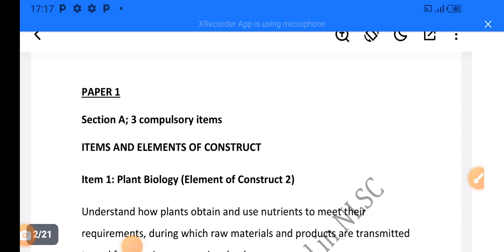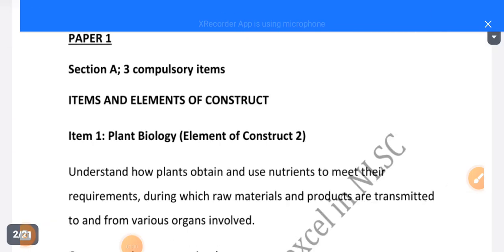Let's begin. Now we are going to begin with the biology paper 1 of senior 4. Now, what are the things you're supposed to know before you go for that paper if you want to excel? So this paper 1 has got section A and it has got section what?